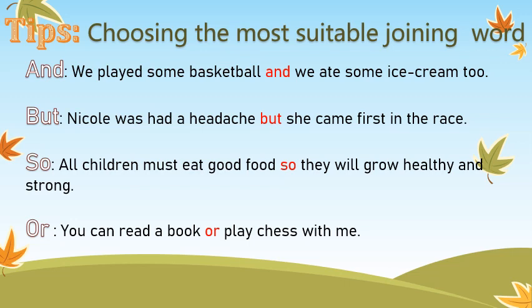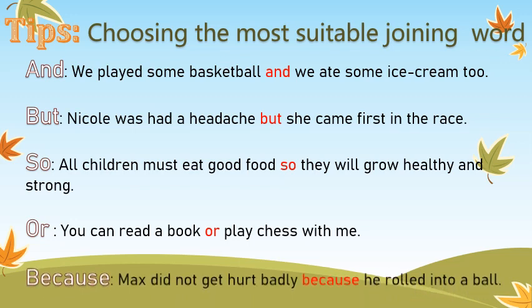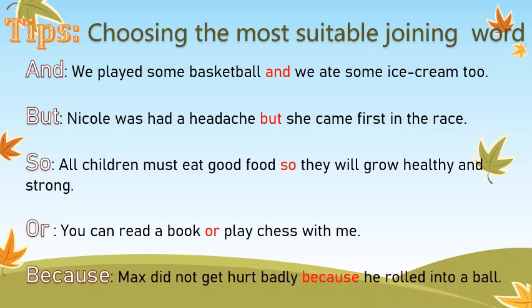Max did not get hurt badly because he rolled into a ball. When we see "because", we are saying that the first part that has been said is the result, or is happening, with the reason given in the second part.